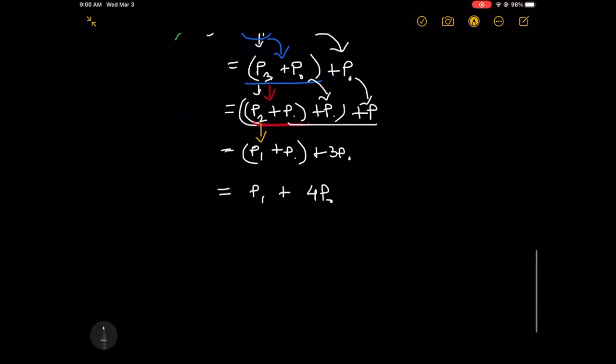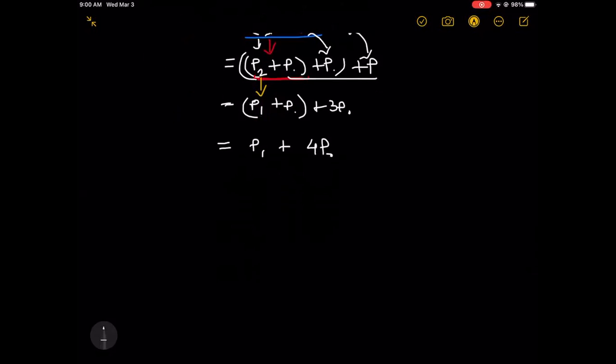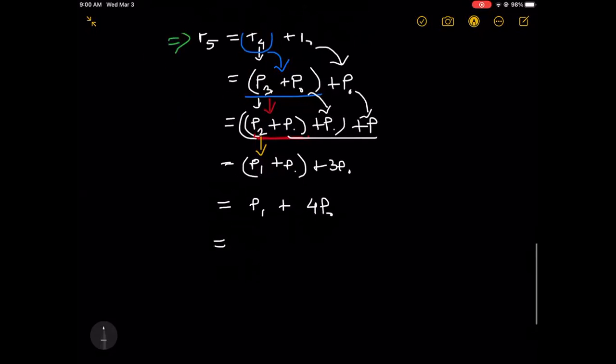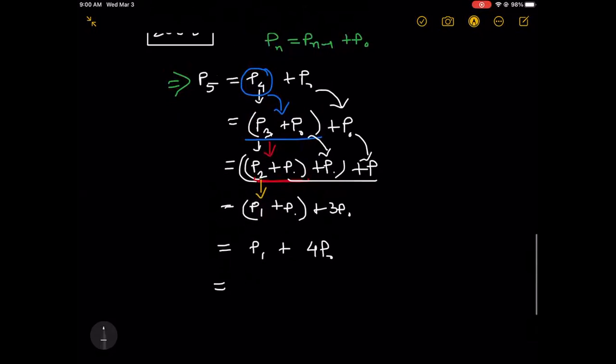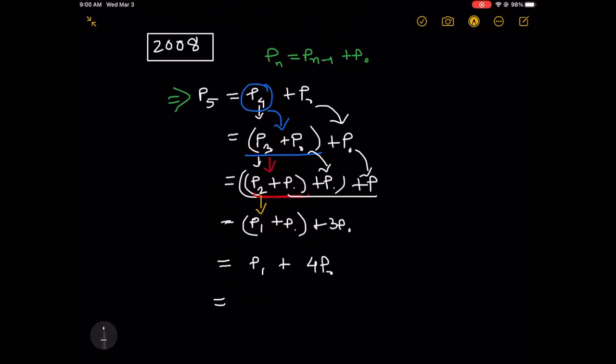And now what would be our P1? So P1 would be the population after year 1. Do you have the information? 12,000. So P naught is 12,000. I'm looking for P1 instead.